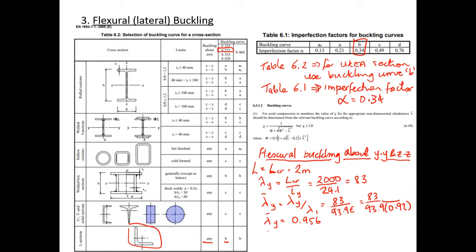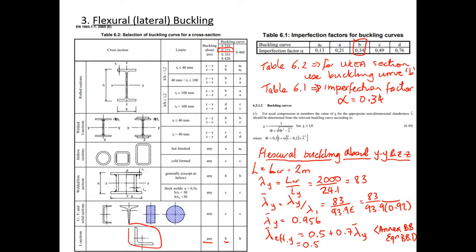Okay, then from what we just looked at a second ago, from Annex BB, we said that the effective value, taking into account that eccentricity at the end, that will give us a moment at the end of the member, is equal to 0.5 plus 0.7 times the normalized slenderness value. And you get that from Annex BB, equation BB1, that we just looked at a second ago.